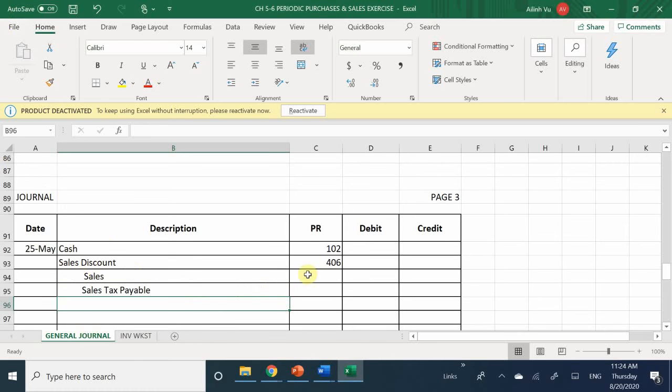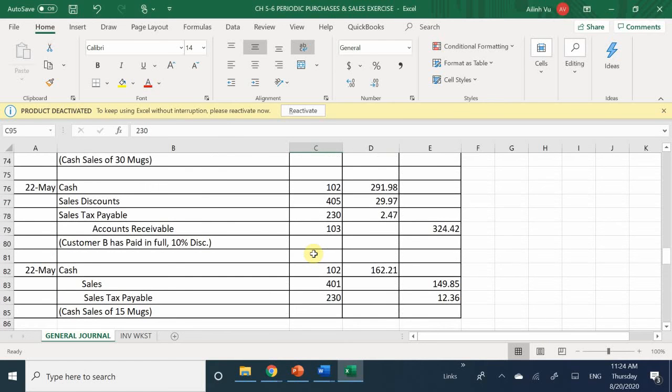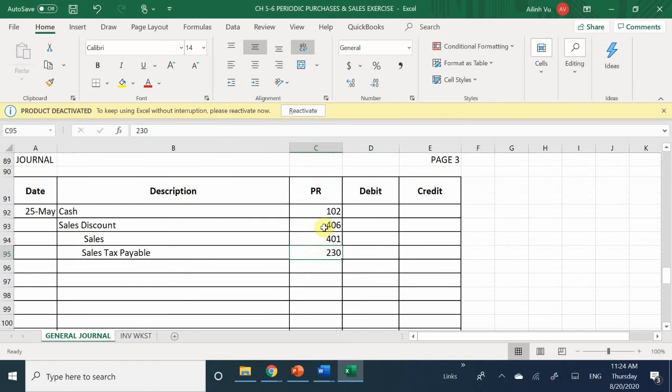All right, so sales discount was 405, and sales tax payable was 230. Or was this 401? Let me look up here. Sales discount is 405, okay, not 406. So sales discount's 405, the sales is 401, and the sales tax payable is 230.